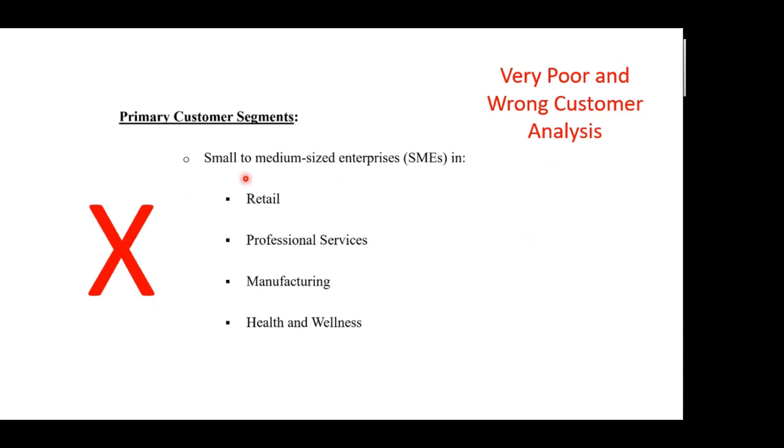And again, in a point, it says retail. And again, professional services, manufacturing, health and wellness. So likewise, someone has tried to explain in this report. So they are customers. But just think, by looking at this content, can you imagine who the customers are?